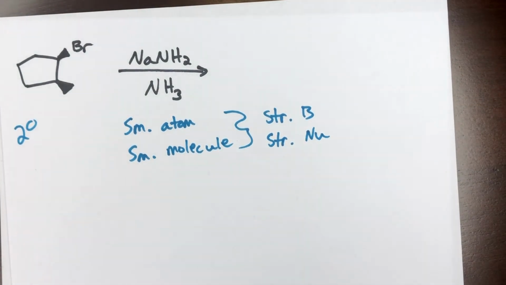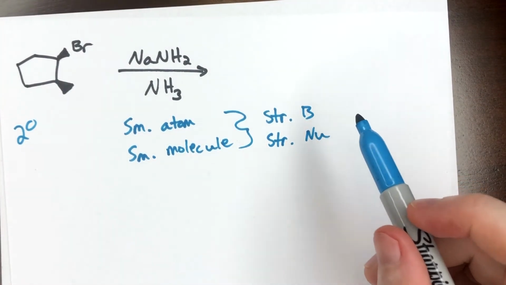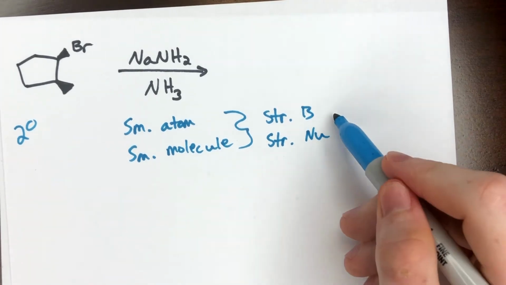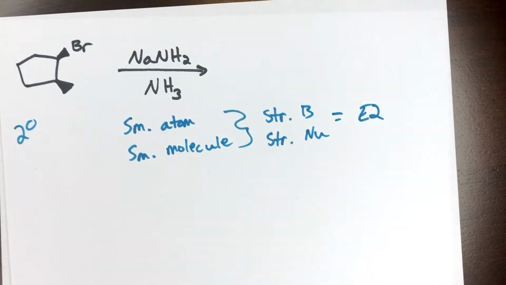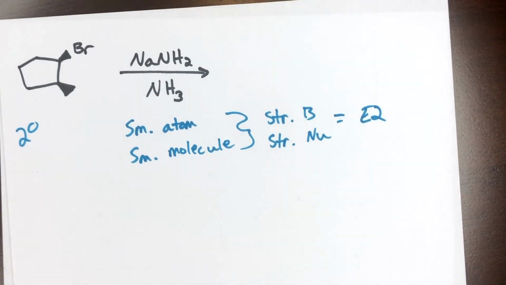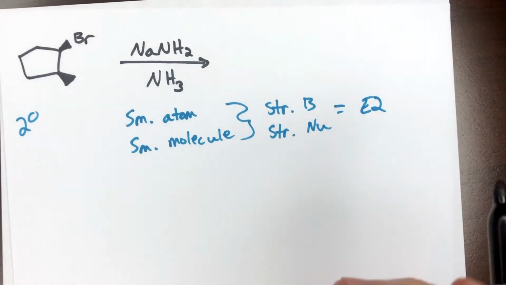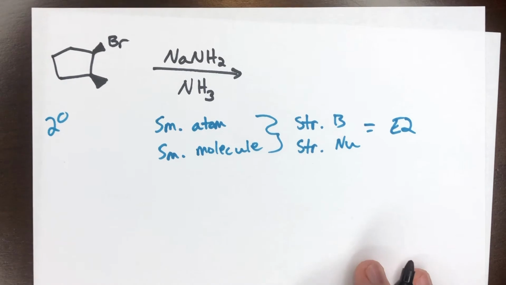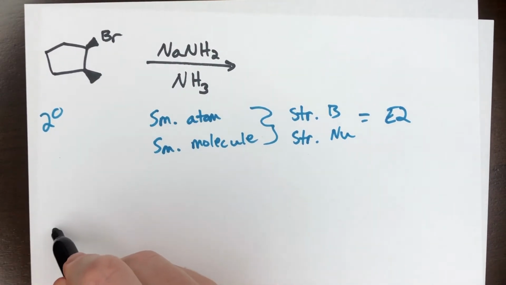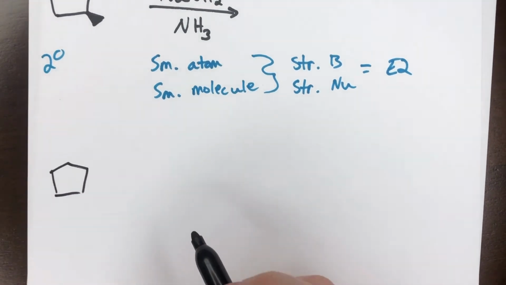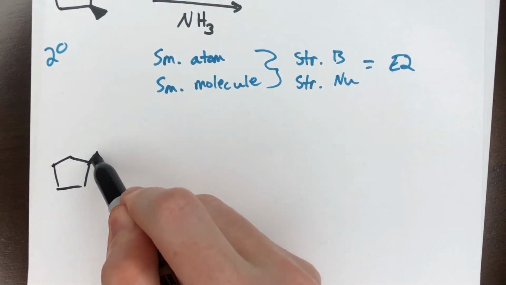So because it is a secondary alkyl halide, this is going to be E2 because the elimination pathway is preferred when it can happen. So that's what's going to happen in this case, since we have both a good nucleophile and a good base. Now let's take a look at the mechanism. So remember, in E2, we need an anti-hydrogen.